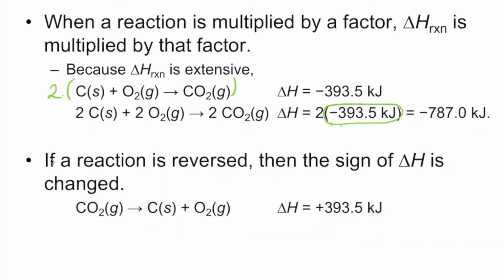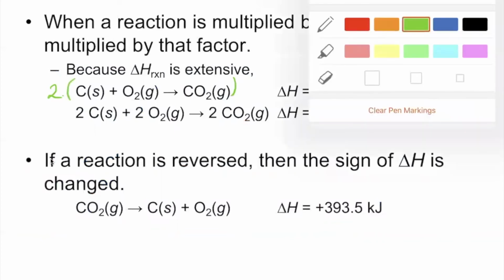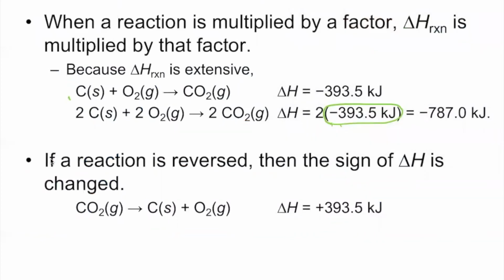Another scenario is, this is the equation that is given to you. However, you want the equation below. What you realize is that your reactants and your products are flipped.